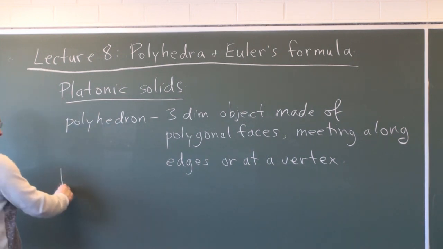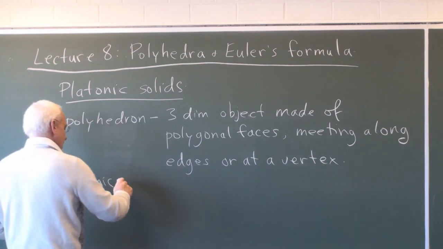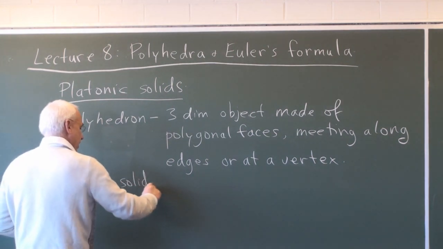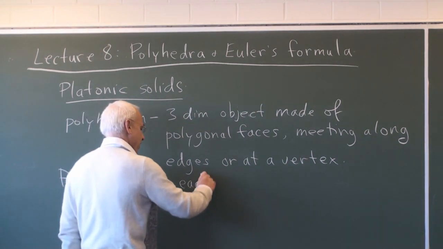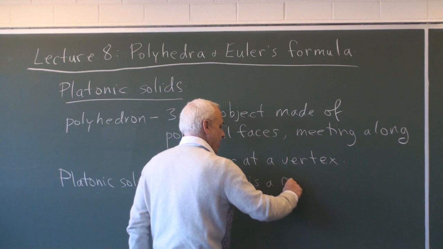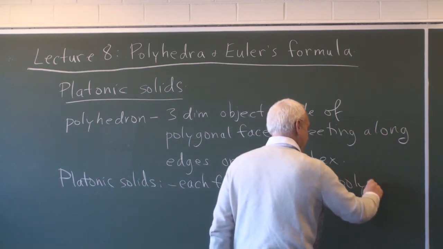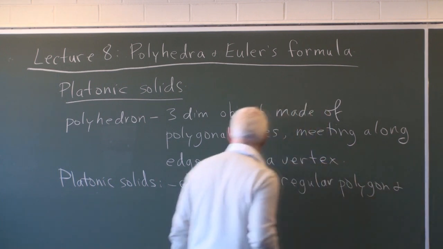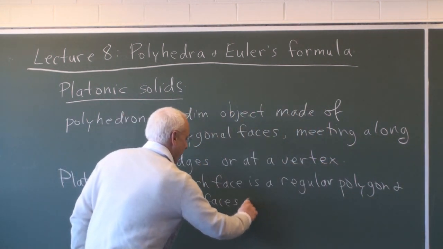The Platonic solids are characterized by a great amount of regularity. So each face is a regular polygon, and all the faces are identical.